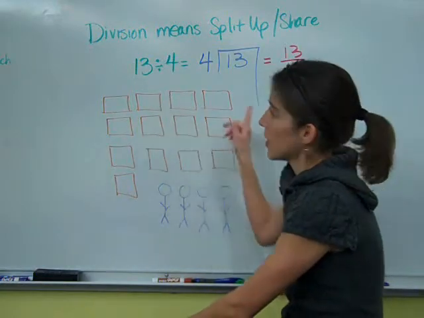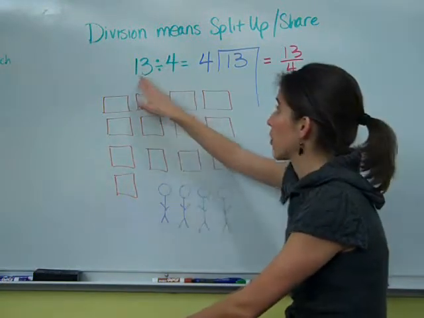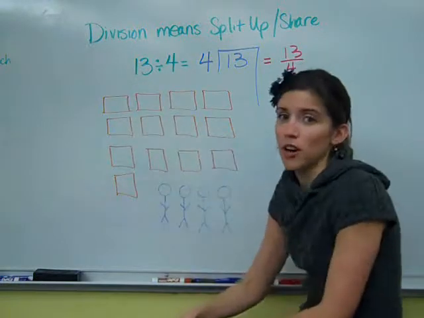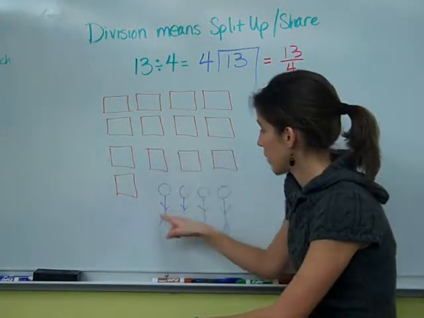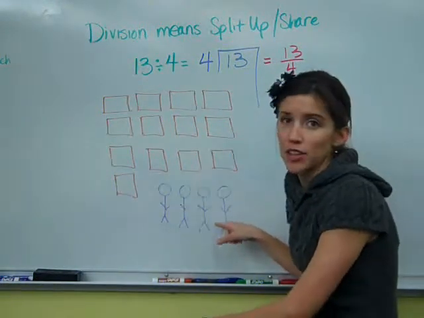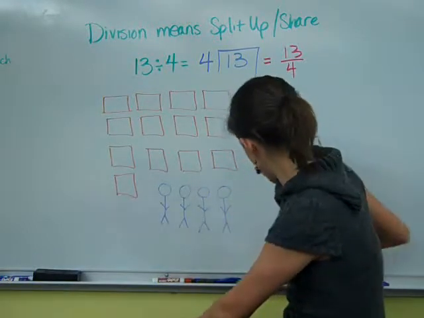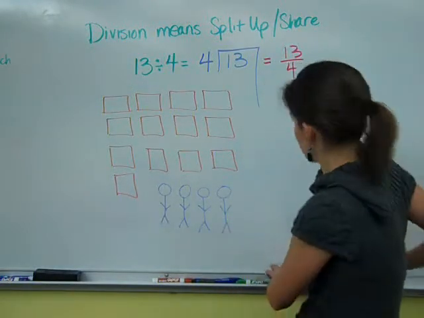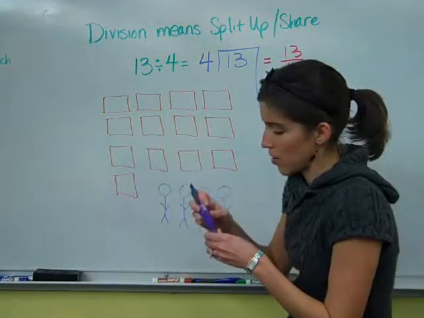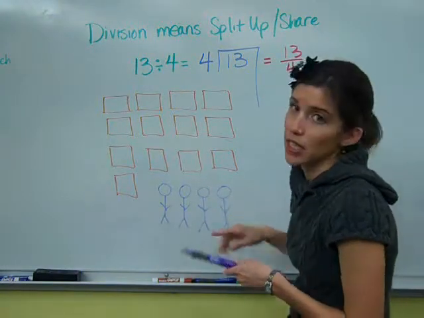Let's say these are 13 different Hershey bars for our problem here with the 13 divided by 4. So if we've got 13 Hershey bars and we want to split them between these 4 people that are down here, what we can do is think of them as how many is each person going to get.